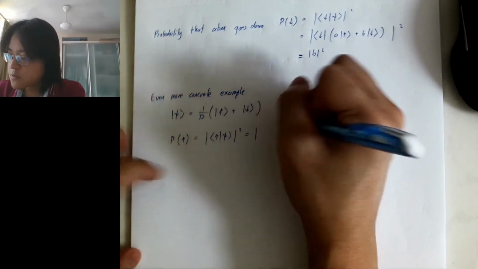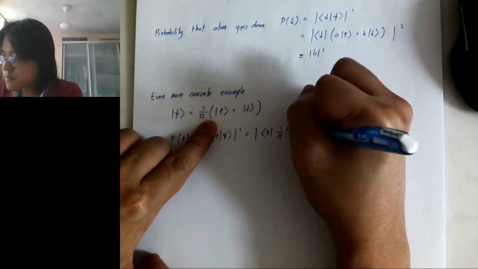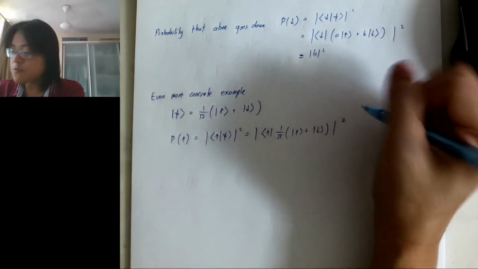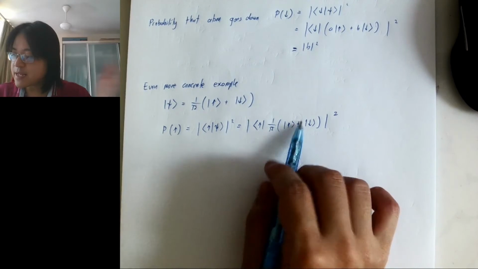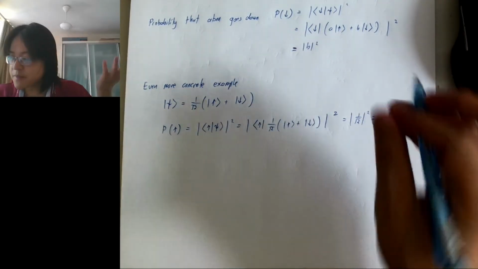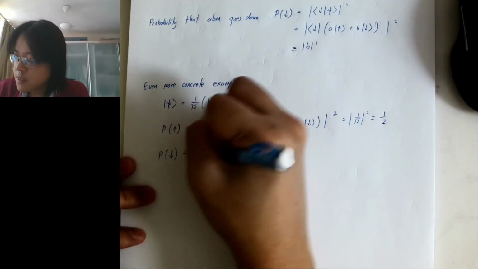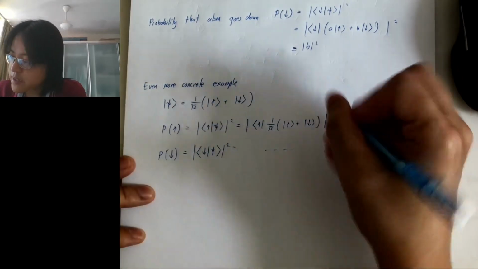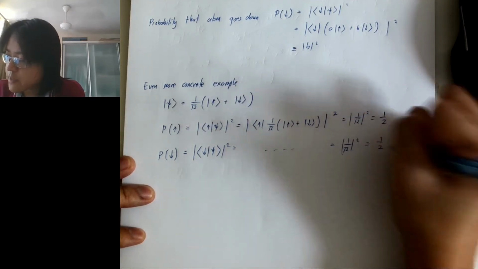For this case, it's 1 over square root 2 times up plus down. This is why orthonormality is very convenient to us, because this gives 1 and the other one you get 0, so it's 1 over root 2 square. This is a real number, yes. Then the probability of getting this is half, and you do the same calculation for down, same story, and you also get half.